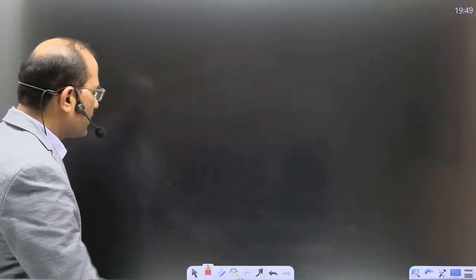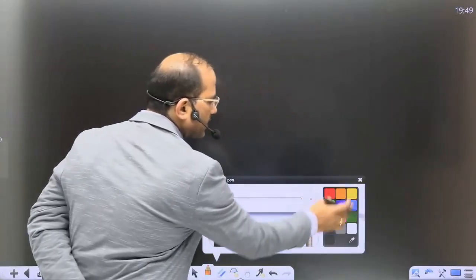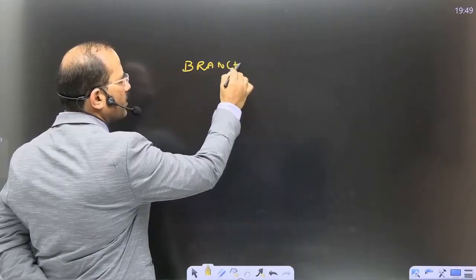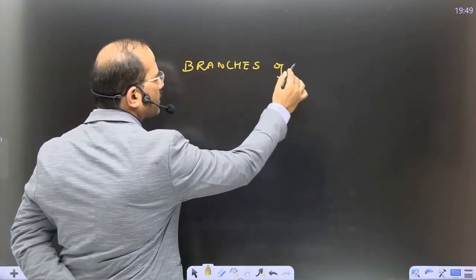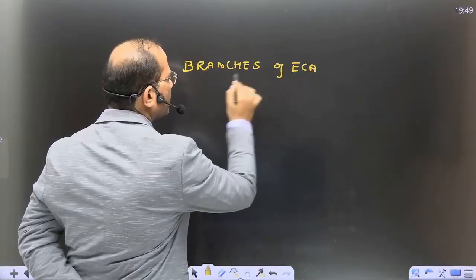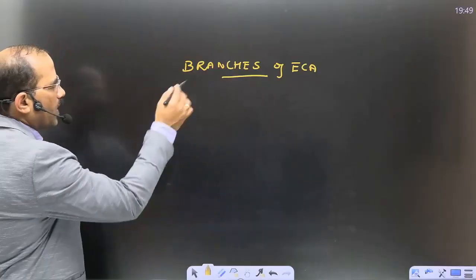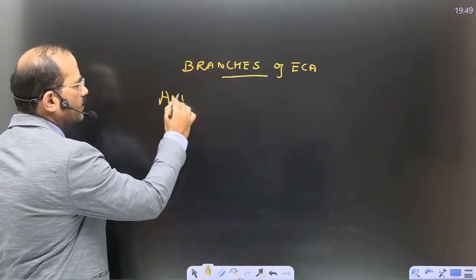So let us understand the branches of external carotid artery. A very important MCQ, students: all these branches are given in the carotid triangle. So how do we classify these branches? Anterior branches.